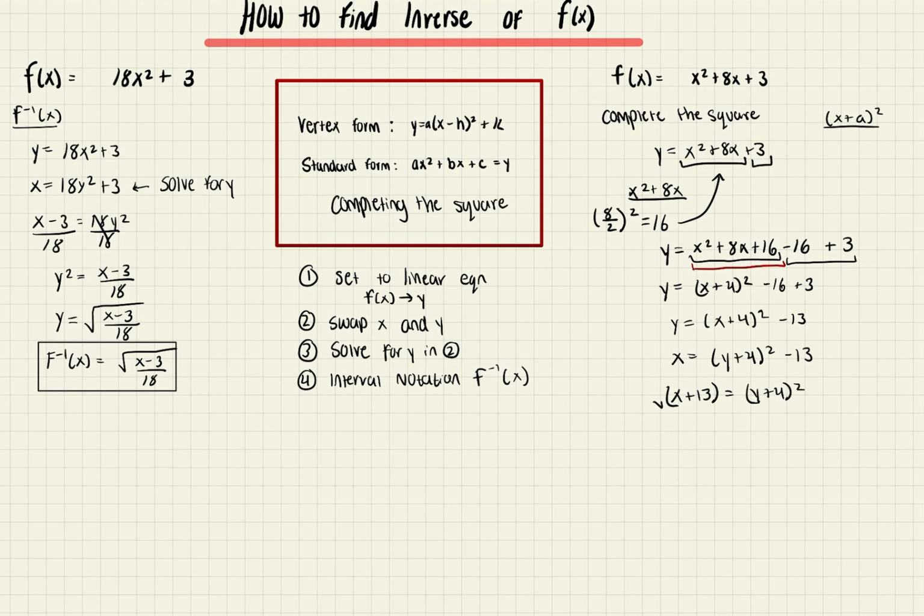Now I'm going to square root both sides, and that cancels out the square. I'm left with the square root of x plus 13 is equal to y plus 4. And my inverse is going to be the square root of x plus 13 minus 4 is equal to y. And that's going to be my solution.